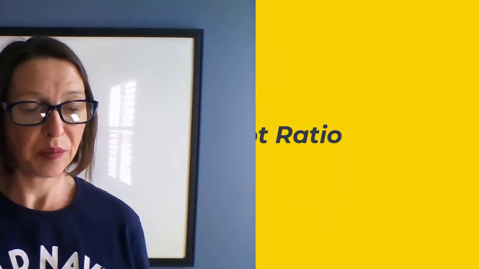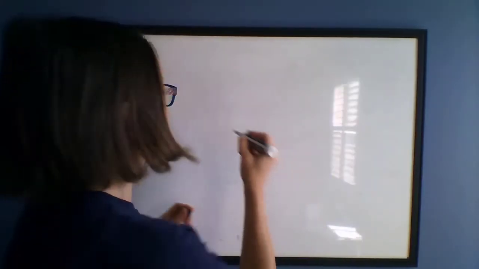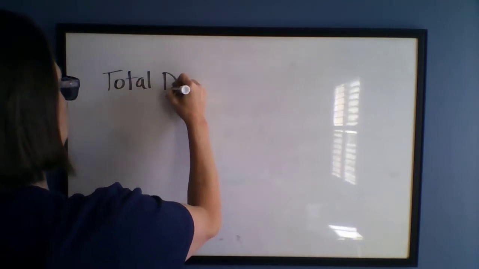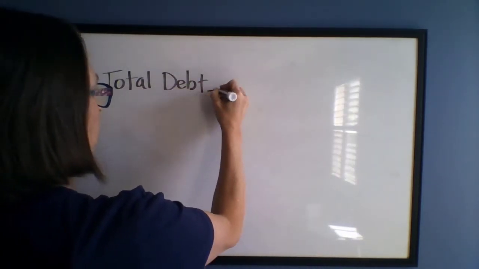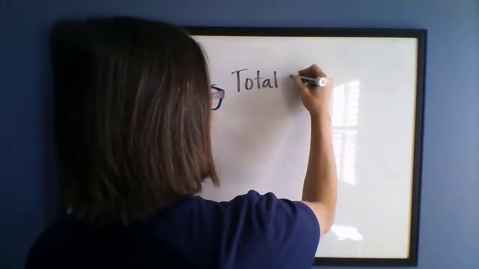The first one is called the total debt ratio. Let me write that out for you. Our total debt: we are going to look at our total assets, that's how much we have.